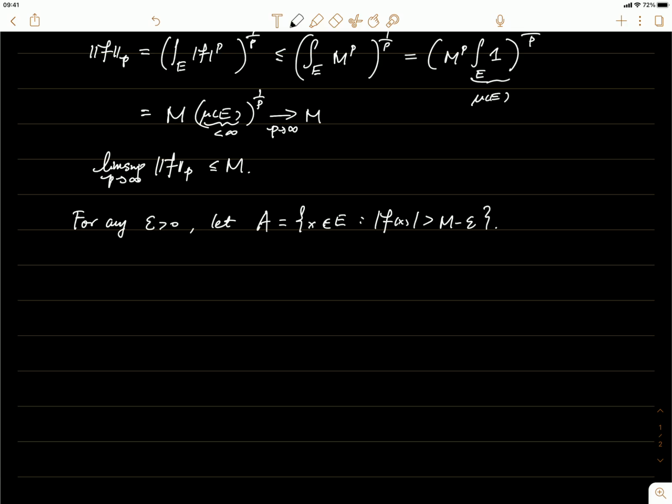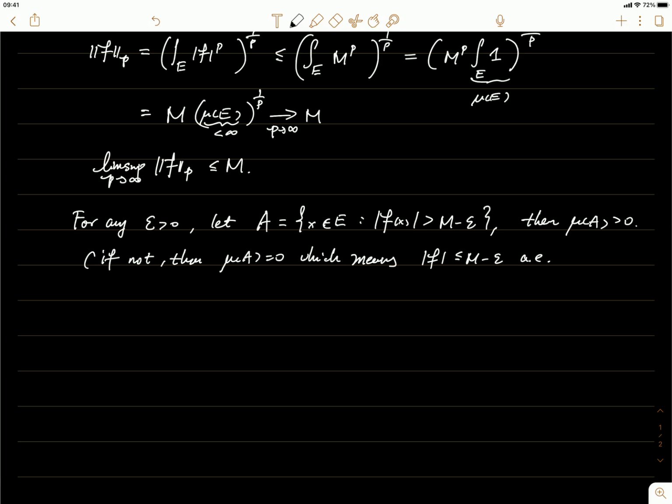So this must be greater than 0, because if not, then mu of A is equal to 0, which means f is bounded by m minus epsilon almost everywhere.